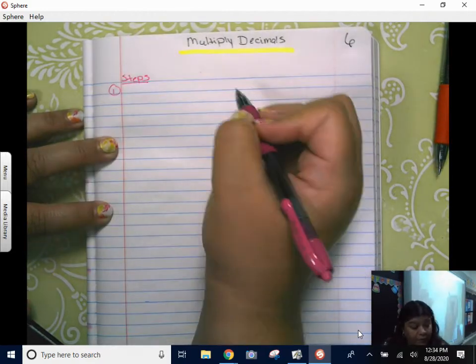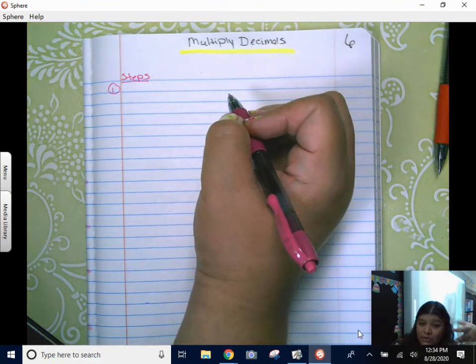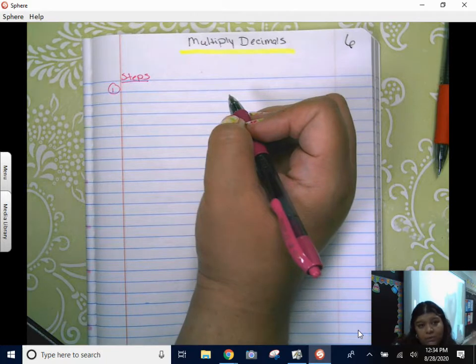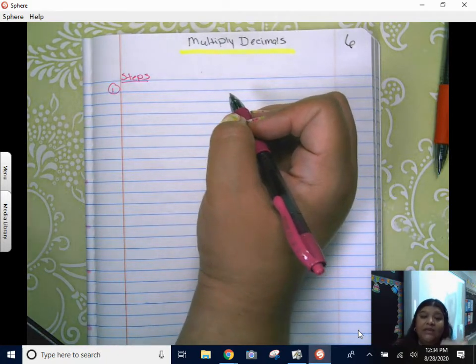So step 1, we're gonna multiply our factors. Remember, factors are the 2 numbers you're multiplying. So we're gonna multiply the factors as if they're whole numbers. So we're gonna pretend that the decimals aren't even there. Okay, I don't want to deal with the decimals till the end.